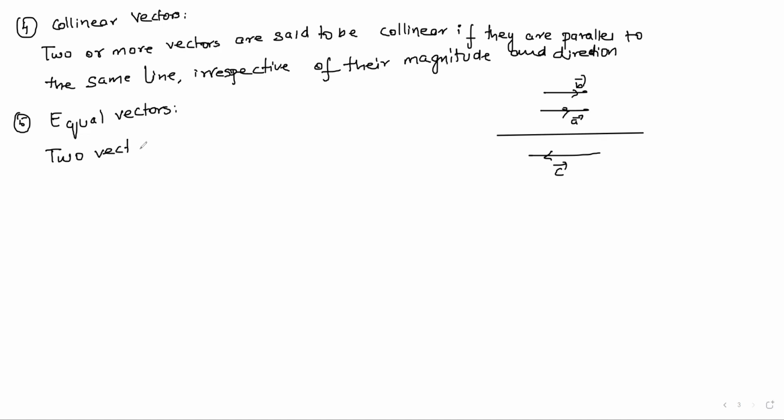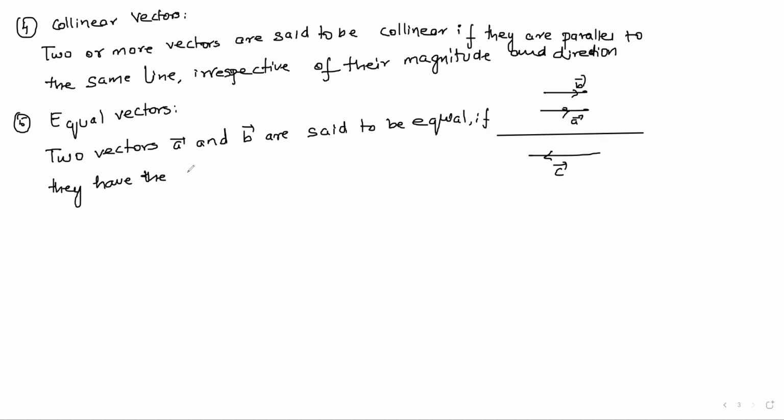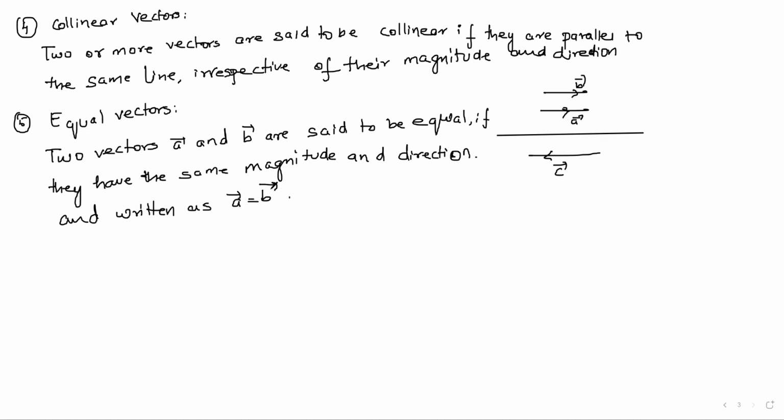So two vectors A and B are said to be equal if they have the same magnitude and direction, and written as vector A is equal to vector B. Okay, please note on this.